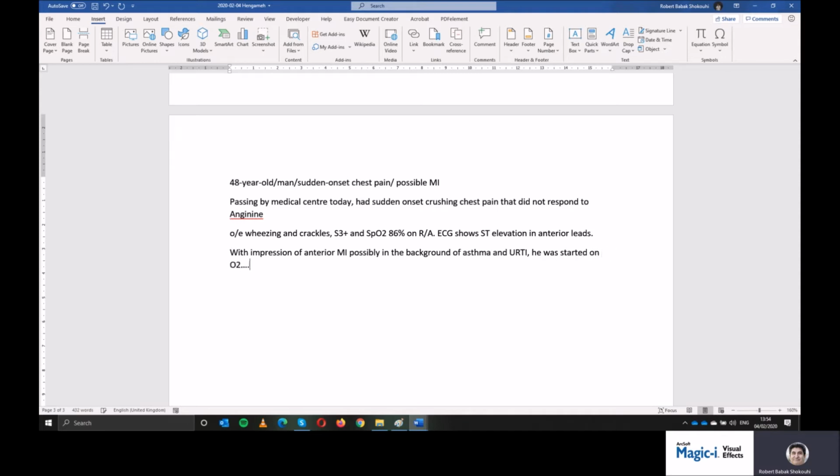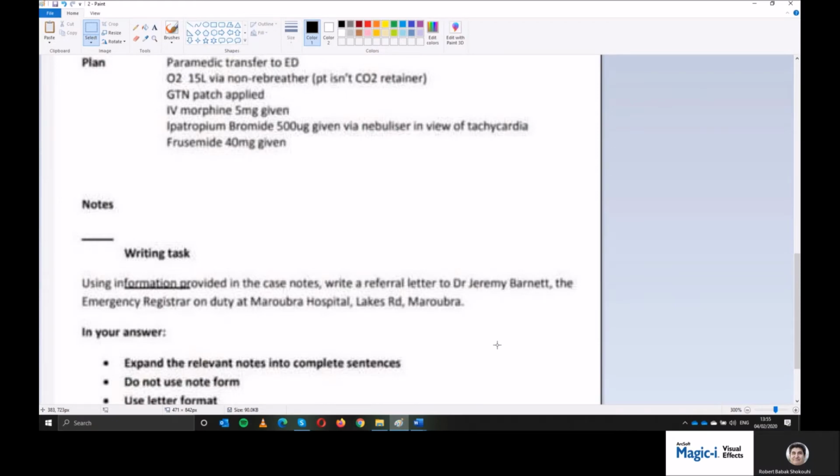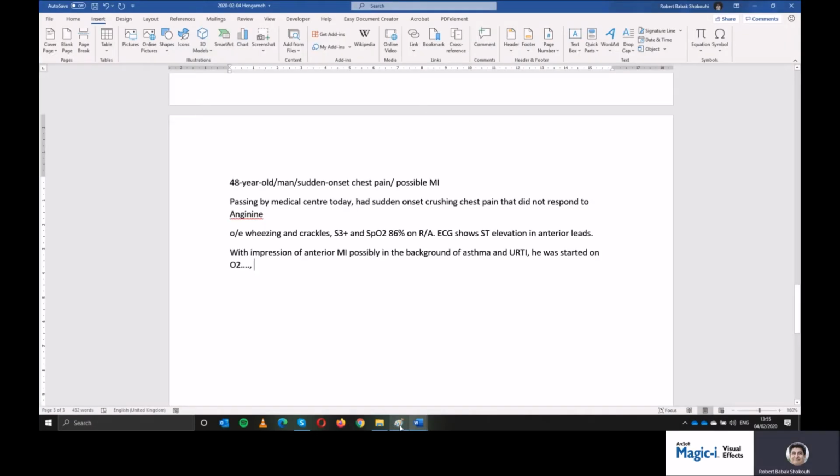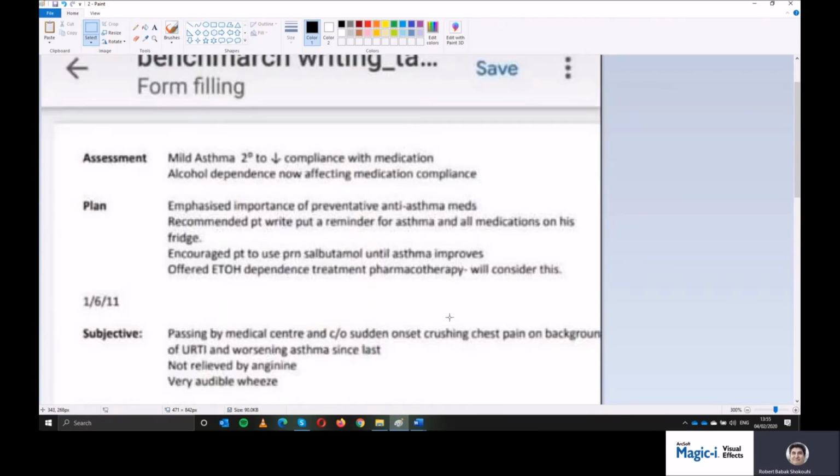Now, how much is it, and then what? This is the total information: O2, nitroglycerin, and the rest. So now we go back and see. These are the essential information.